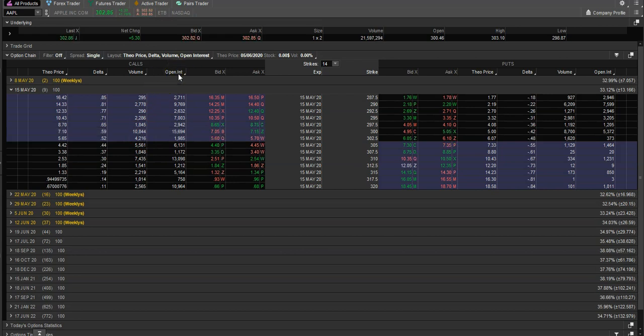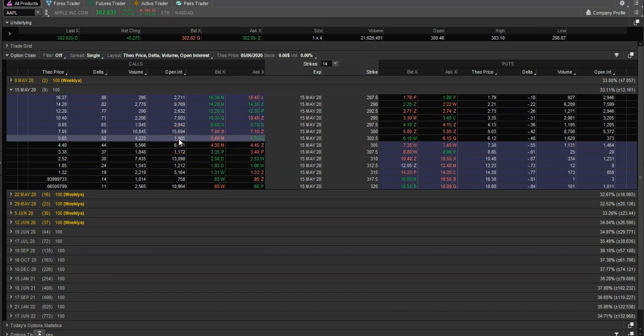Now, that volume could be either on the buy or the sell side. On the open interest, these are how many contracts are open as of today. So if we have 10,000 contracts traded but open interest of 15,000, we know yesterday that number was probably around the 5,000 level.